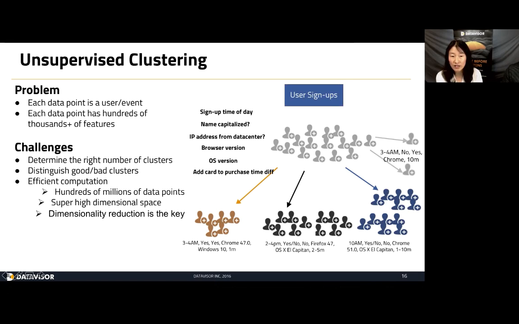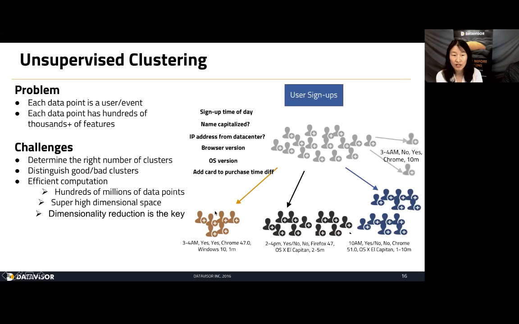If you look at the two big clusters here, these mostly look like normal users. They sign up accounts between 2 and 4 p.m. using Firefox, and the add card to purchase time difference is 2 to 5 minutes. Here's another similar big good user cluster. On the left side, there is a very tight cluster.